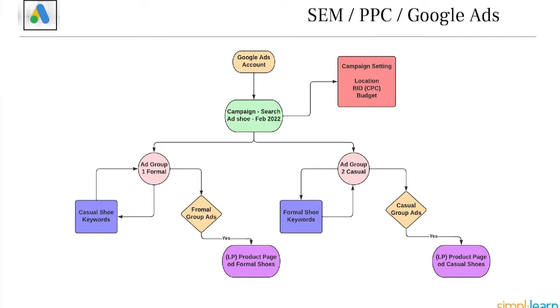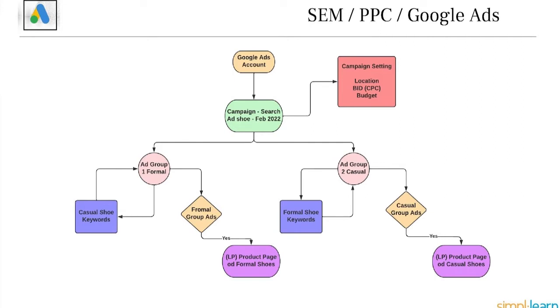So what happens, suppose I would have just created one ad group and submitted all the keywords of formal and casual inside one ad group. Then if somebody searched a term called formal black shoes, this ad group would have got confused whether I should show the formal ad or the casual ad.